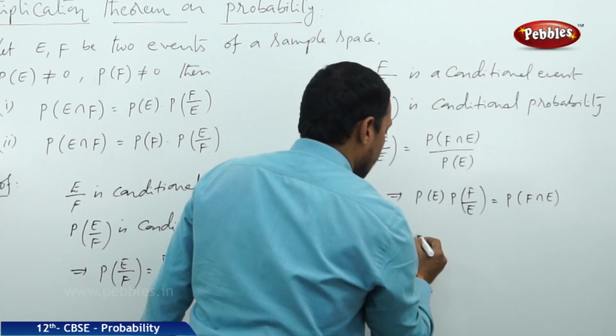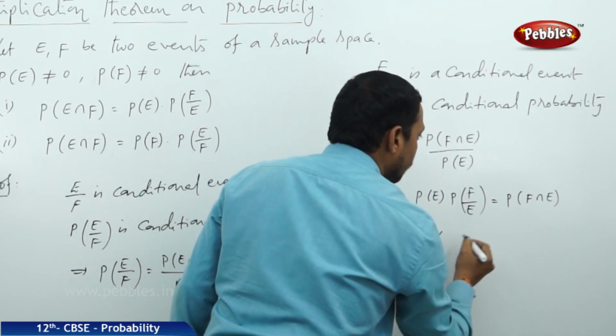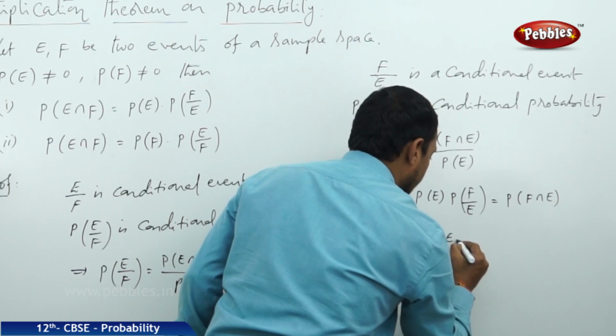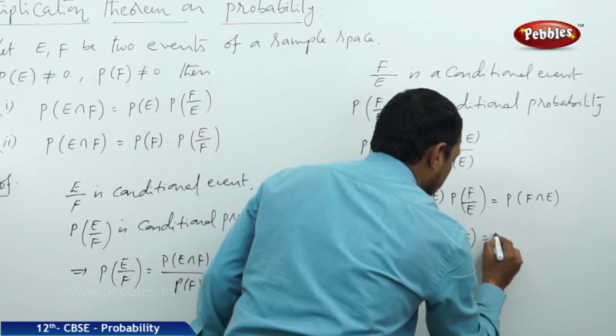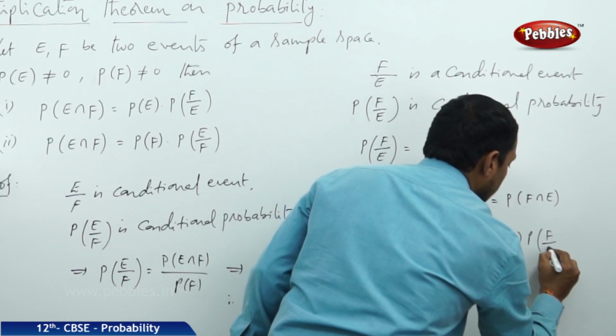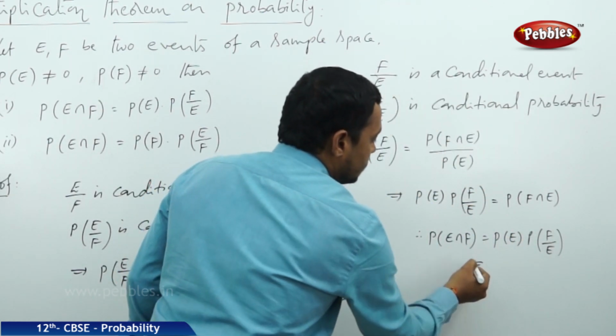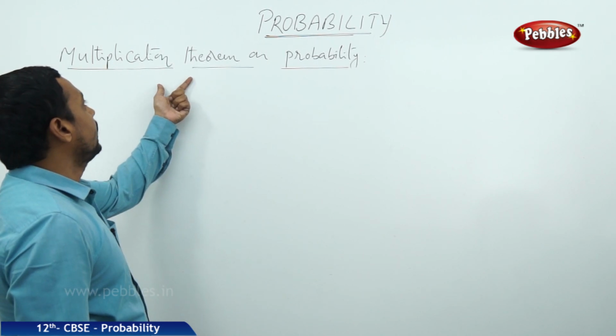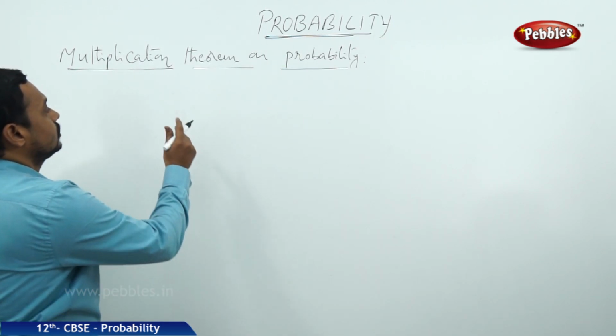Both are same. Therefore, the probability of F intersection E or E intersection F is equal to P of E into P of F by E. Hence the theorem. So now we derived the multiplication theorem.